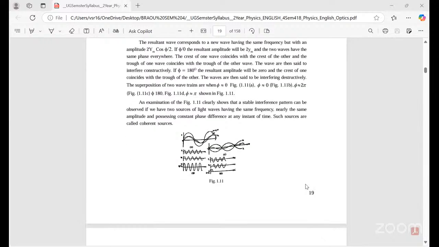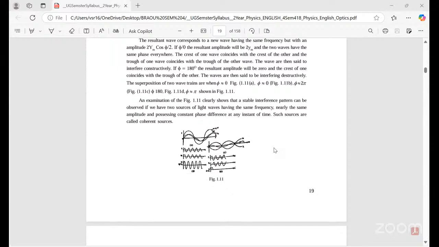Here we noticed that in figure 1.11, a stable interference pattern can be observed if we have two sources of light waves having the same frequency and nearly the same amplitude and possessing a constant phase difference between them. Such sources are called coherent sources.